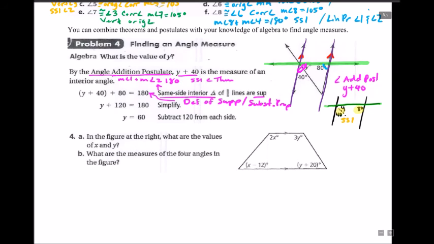And then we don't need definition of supplementary. This is simply substitution property. And then we combine our like terms, just simplify and subtract 120 from both sides.